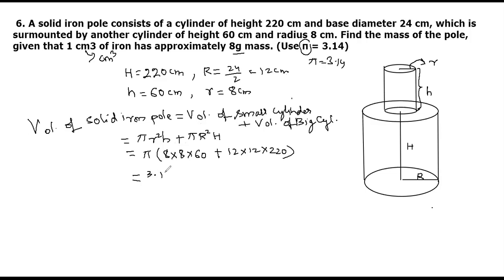Pi is 3.14, then 8 square is 64 into 60, plus 12 into 12 is 144 into 220. You can multiply 3.14 inside or solve inside the bracket and then multiply, it is the same thing. So I am multiplying 3.14 inside. 3.14 into 144 into 220.